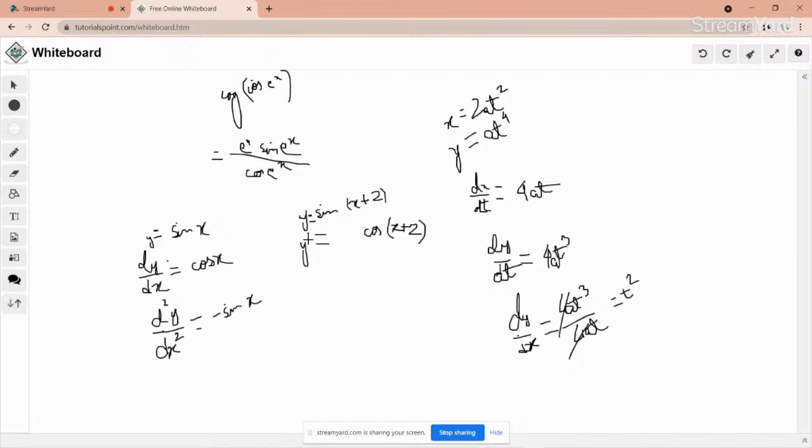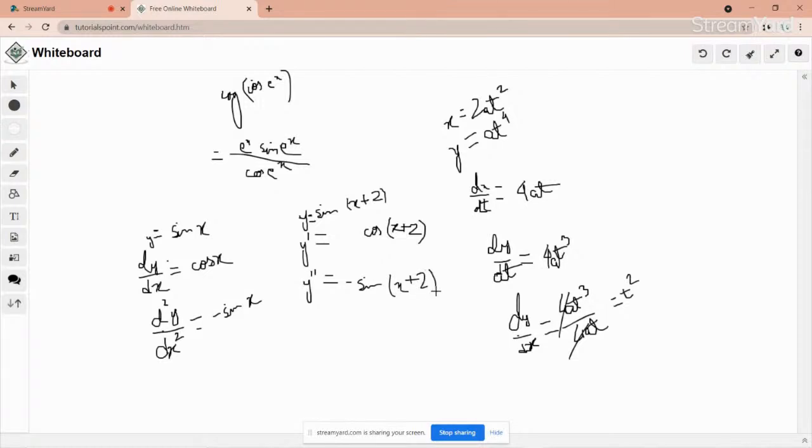One time differentiation you can also show as y dash, and y double dash is the second time derivation we are doing, and it will be minus sine x plus 2.